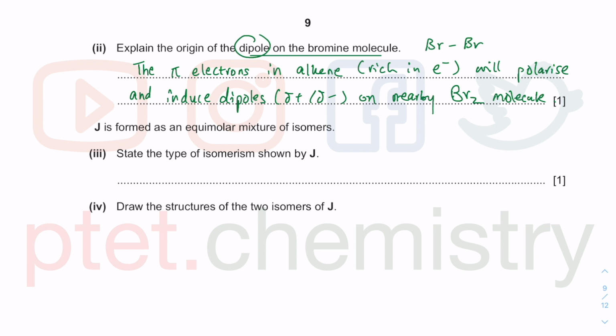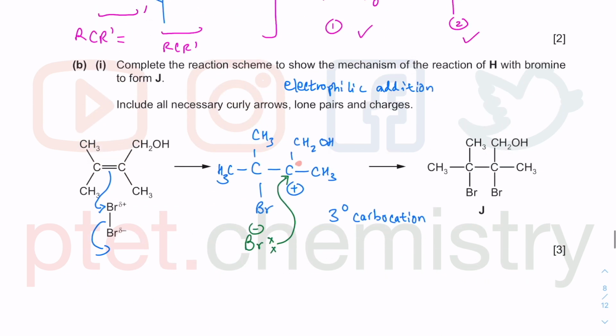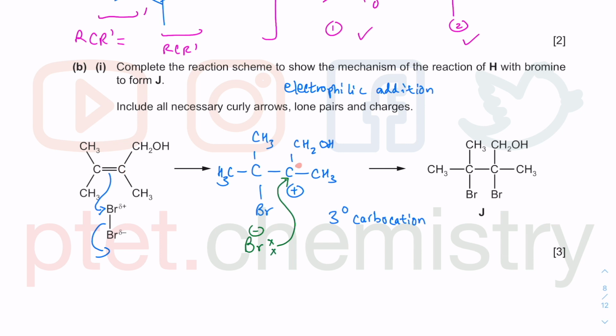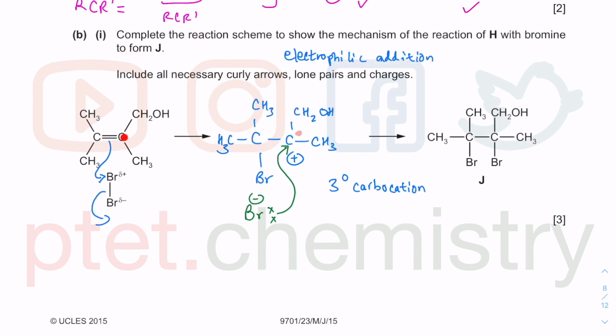Perhaps I don't want to use the word polarize; I just say induce the dipole on the nearby Br2 molecules. Basically, it comes from the electron-rich pi electron clouds above and below the carbon sp2 trigonal planar plane there.